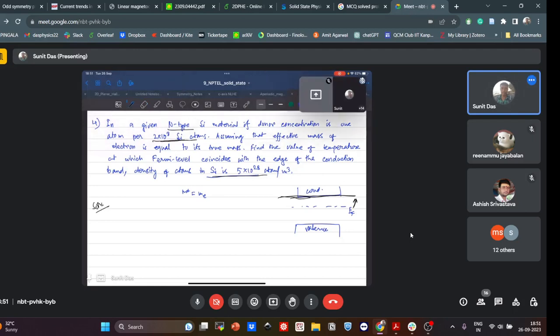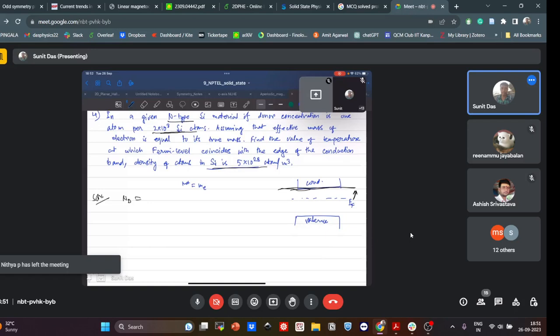So the donor concentration will be: there are 5 into 10 to the power 28 atoms per meter cube, and per 2 into 10 to the power 8 atoms, there is one impurity atom.